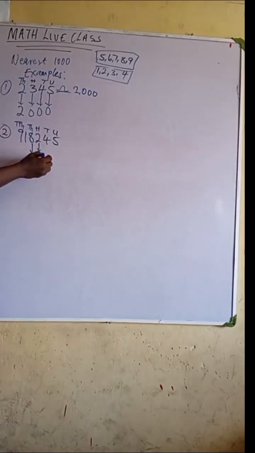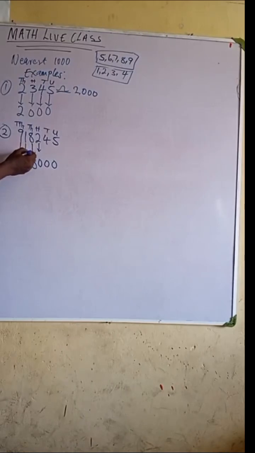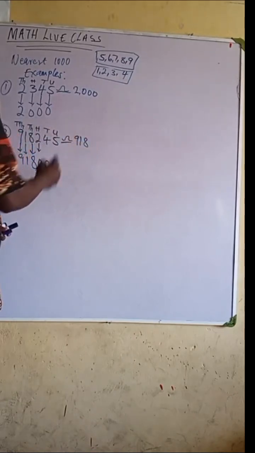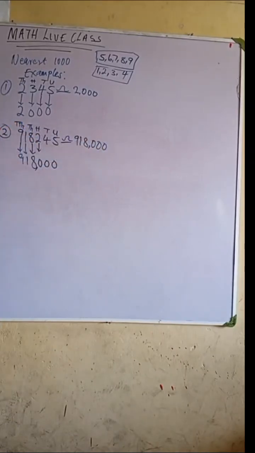Replace other ones after the one you're rounding up to with 0, while you bring down this one, 9, bring down this one, 1. So we now have 918,000 to the nearest 1,000.